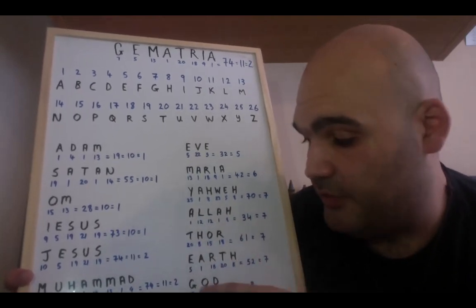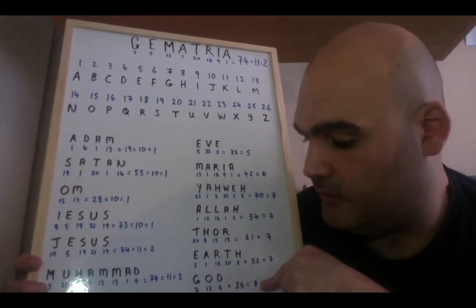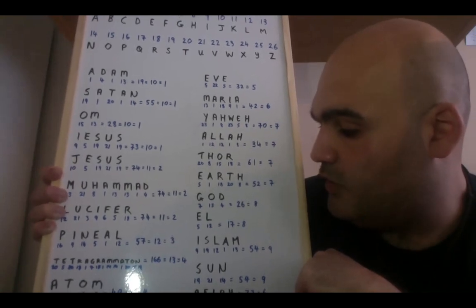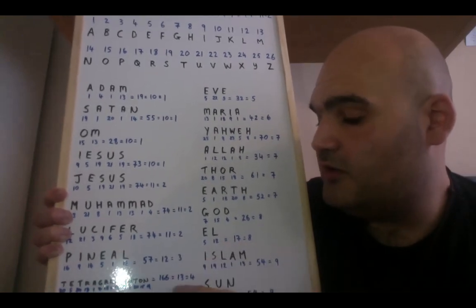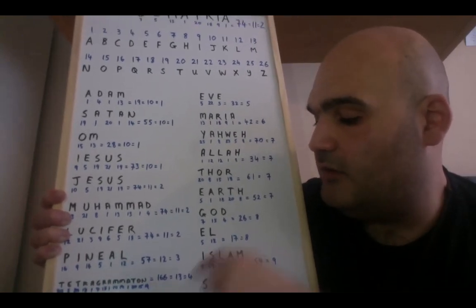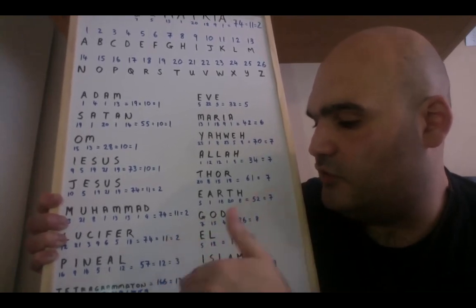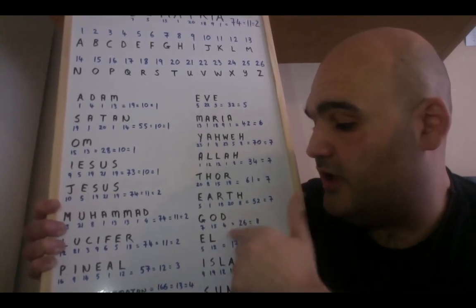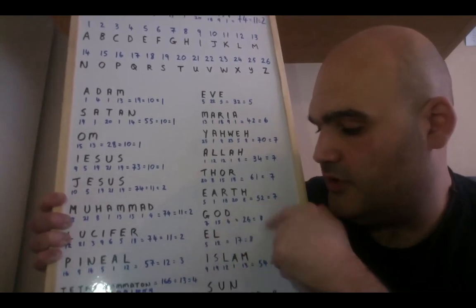But it's interesting that the word God also comes to 26 and has the digital root of 8. And the same with El, which also means God, which is 17, which is 5 plus 12, which equals 17, which equals 8. And this connects to the tetragrammaton because 8 and 4 are multiples of each other. So you can see that tetragrammaton relating to God makes sense because the words God and El are just doubles of tetragrammaton, which is 4, and God and El equals 8.